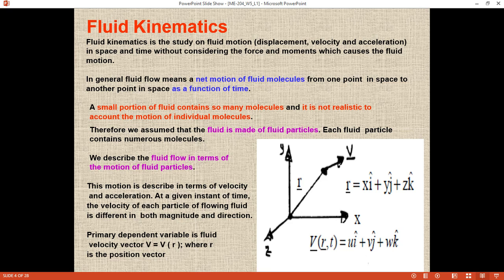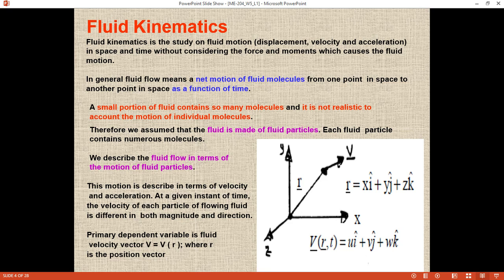So here we will talk about the velocity field, the position vector, and the acceleration field. In general, fluid flow means a net motion of fluid molecules from one point in space to another point in space as a function of time. A small portion of a fluid contains so many molecules, and it is not realistic to account for the motion of individual molecules.